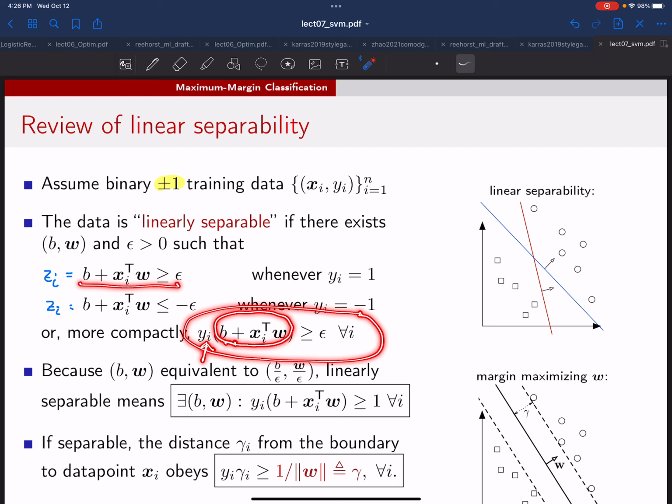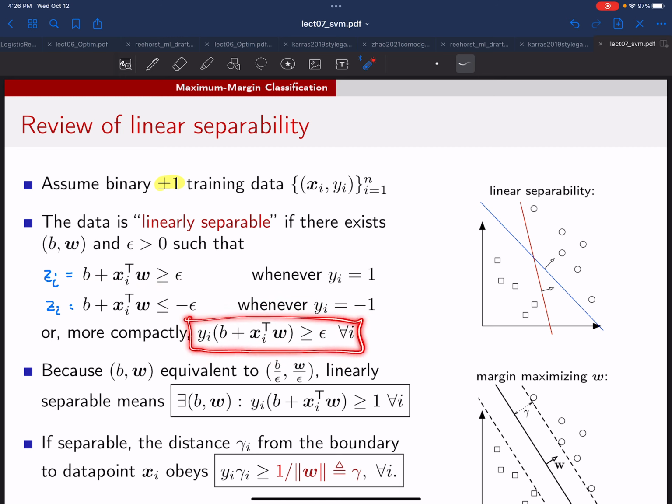But if you negate both sides of the inequality, you restore the sign on the left side, you change the sign of the inequality, and you negate this, at which point you get this. So basically this expression, when y is 1 and minus 1, gives you both of these. So this is just a nice compact way of saying the same thing as this.